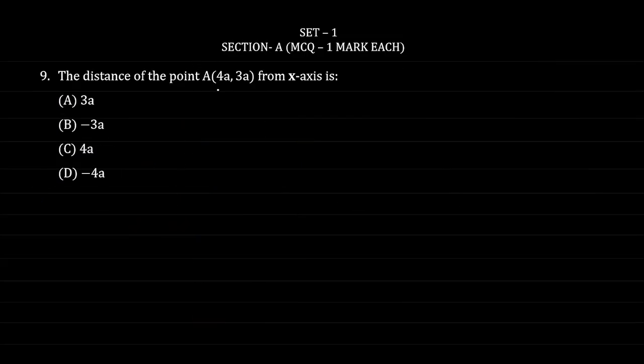The distance of the point A, coordinates 4a, 3a, from the x-axis is. Okay, so this is a very important concept, the basic concept of coordinate geometry. I'll tell you the summary also. Let's try to understand this with an example. I have taken a random point lying in the first quadrant, having both x and y coordinates positive.